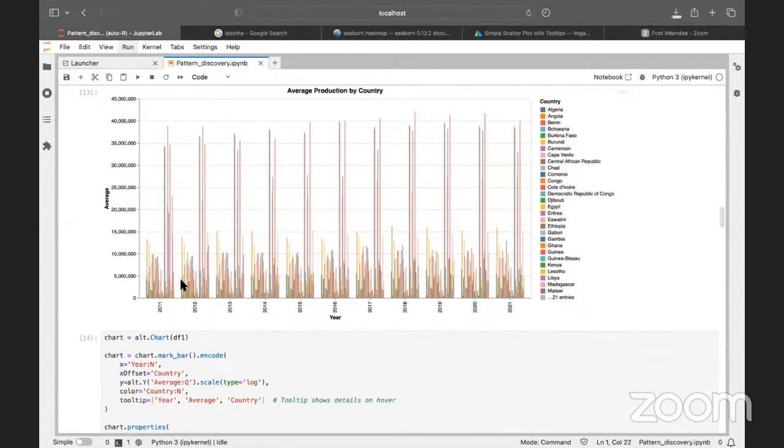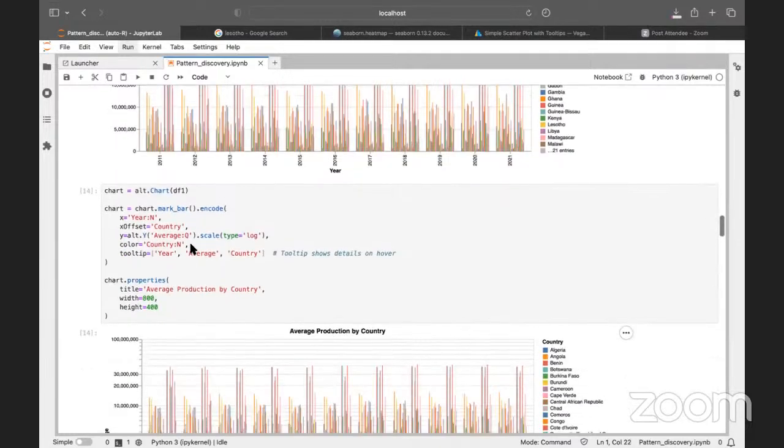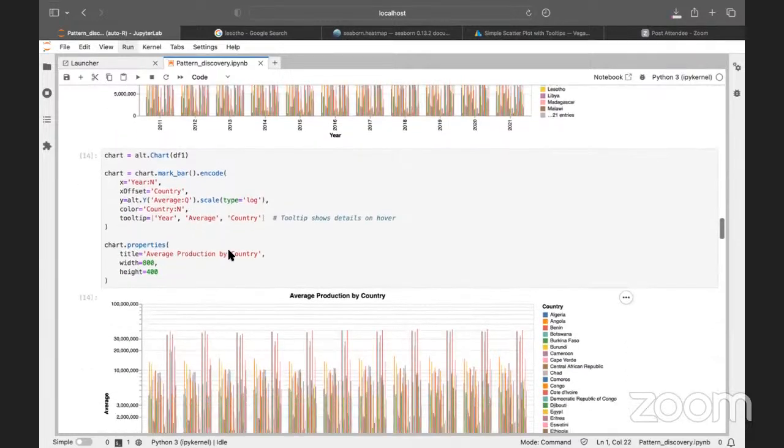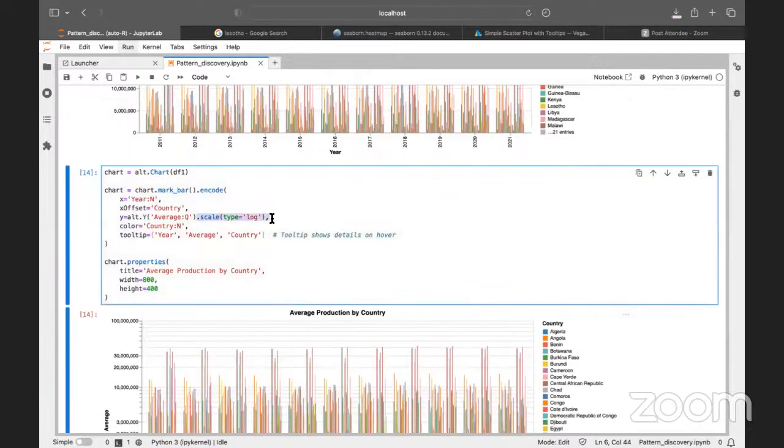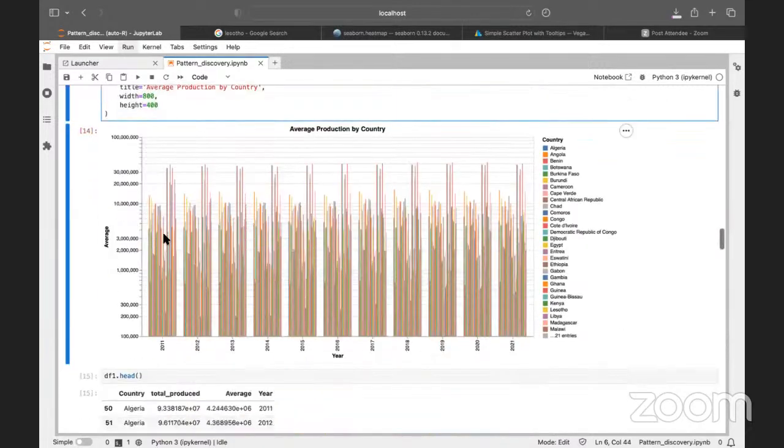So you can use log to scale it, so that it's easier for you to see and analyze the various data points.